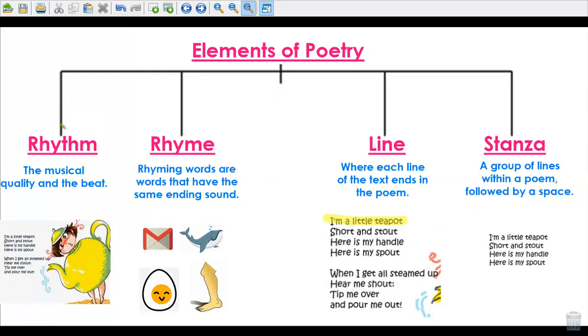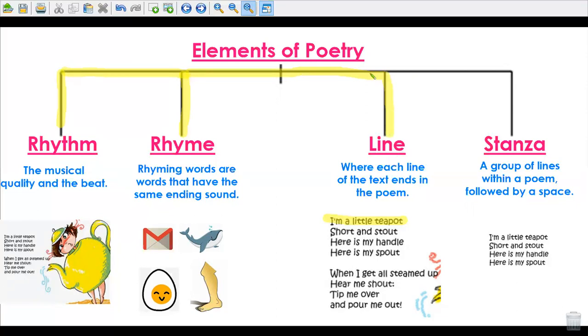Here's your first branch, and you have the word rhythm underneath it. Everyone say rhythm. Then we have our next branch. This is the word rhyme. Everyone say the word rhyme. Then you have your next branch. This is the word line.